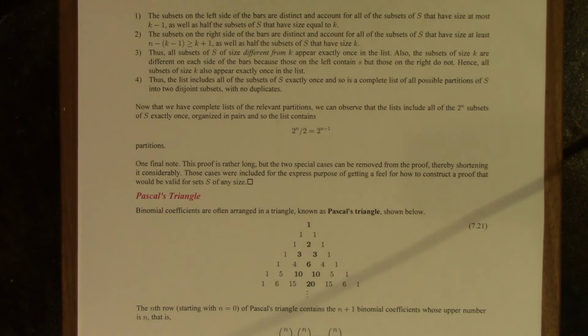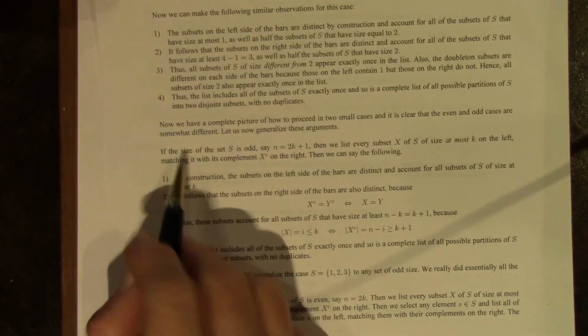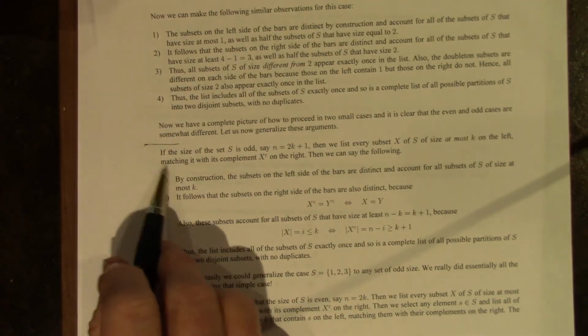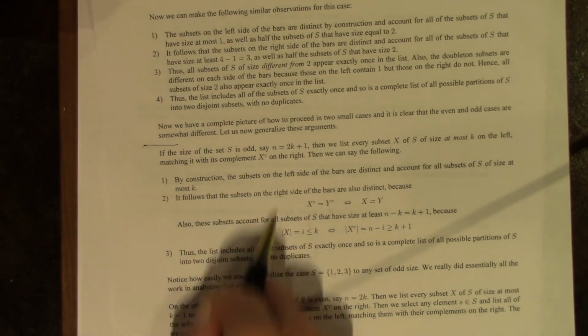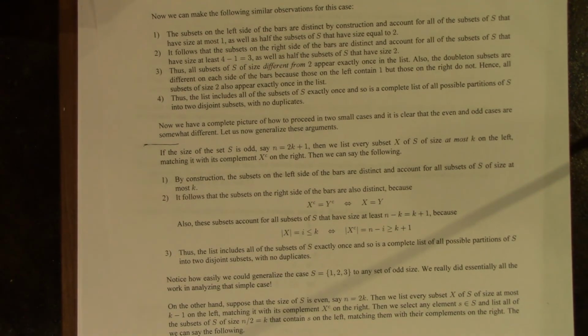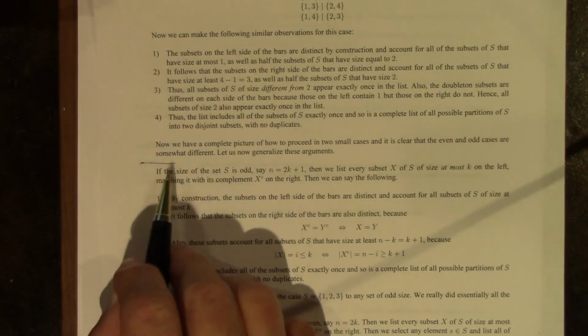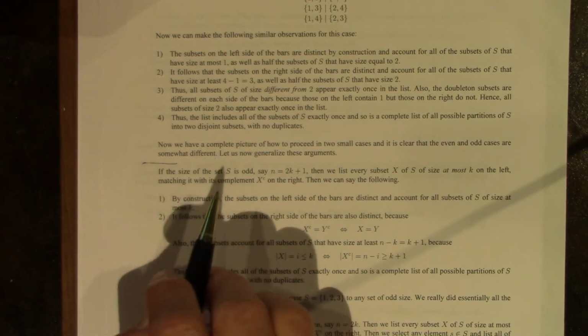And as I said before, what I've written here is quite long, relatively speaking, but you can start the official proof here. If the size of S is odd, we do so-and-so. Otherwise, if it's even, we do so-and-so. Now, you would preface this with a sentence.